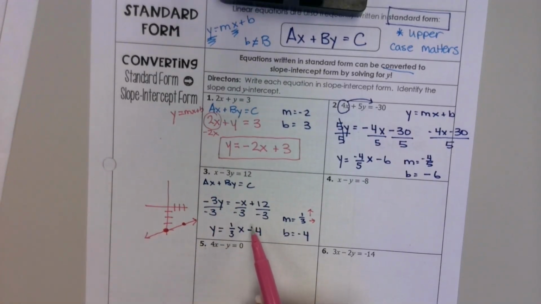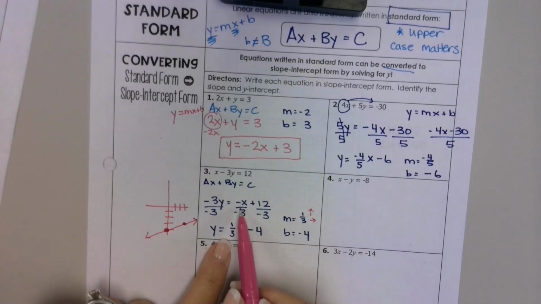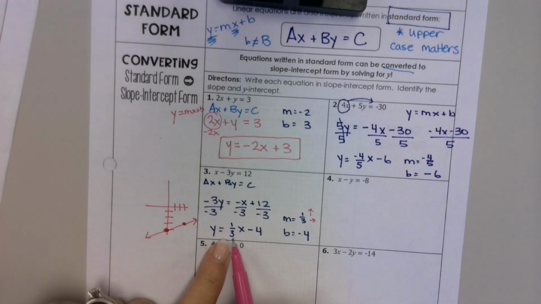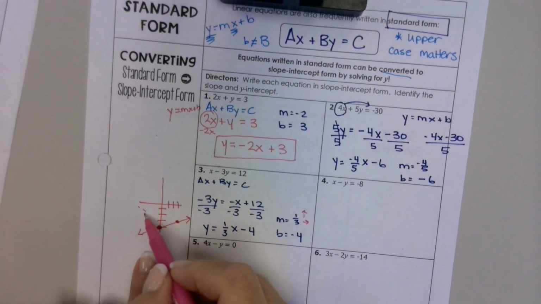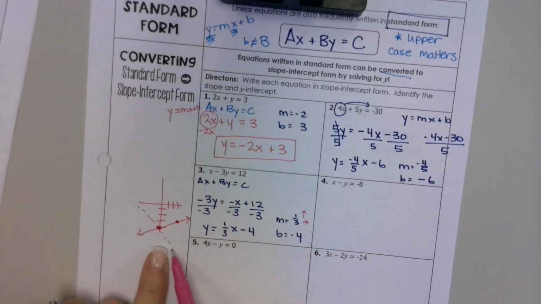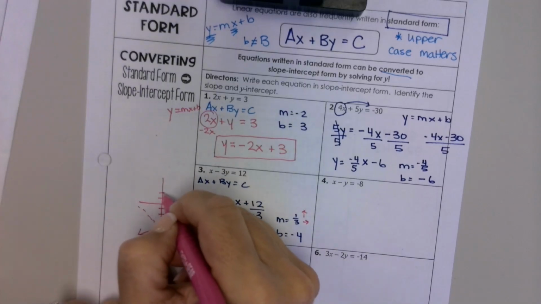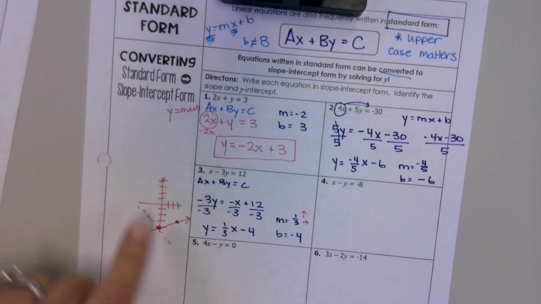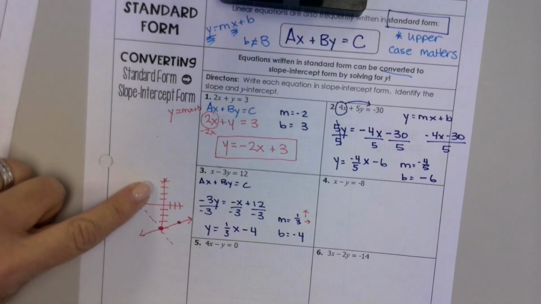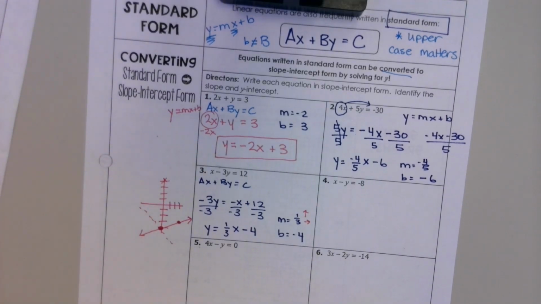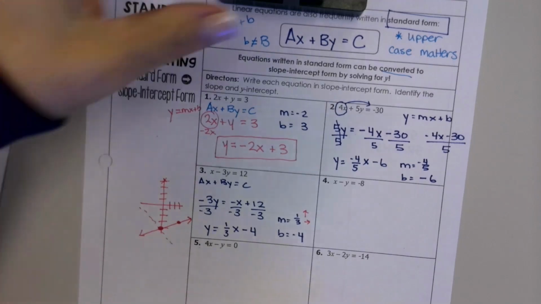You need to be orderly. Because if you would have missed this negative over a negative, and this would have ended up being a negative sloped line, my line would be going the opposite way. My line would be going this way, and that would be wrong. It's the same thing here, 12 divided by a negative 3. If this intercept is not negative 4, if you didn't catch that and you had a positive 4, you would have a value that would be up here, and that would be wrong. Okay? Let's do one more. I'm going to do number 5.